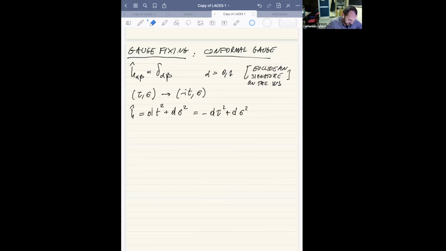Now the thing is that this thing here, I'm going to write by another obvious change of coordinates as minus 2 dw dw bar, where w is a complex coordinate, which is t plus i sigma, and w bar is t minus i sigma. So these are all elementary operations.